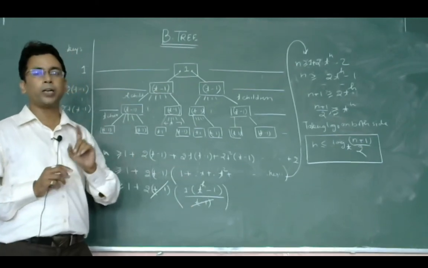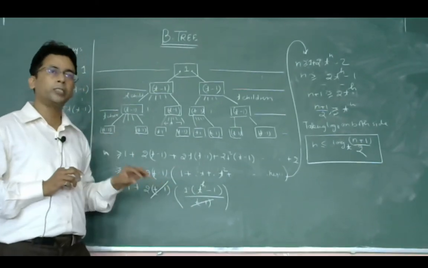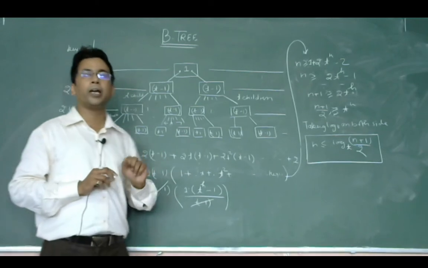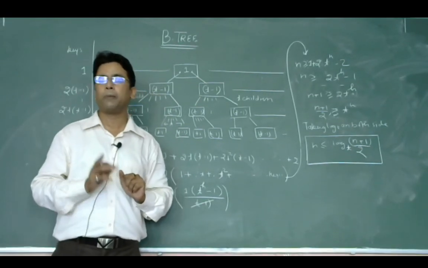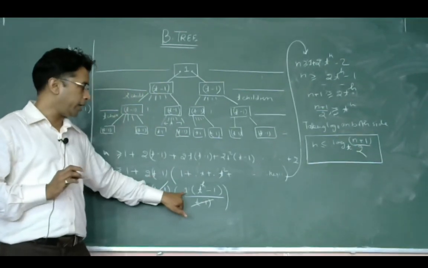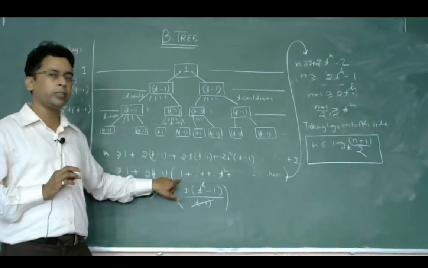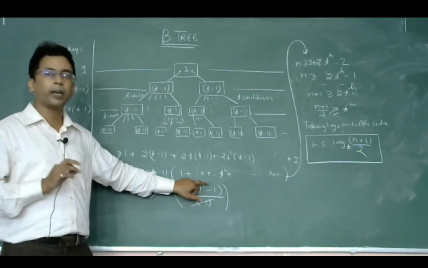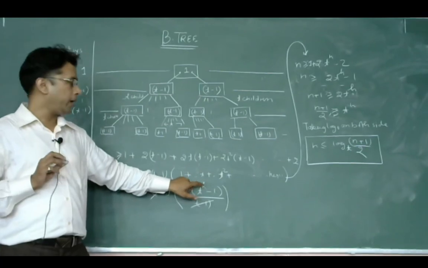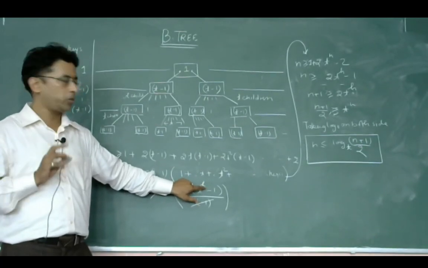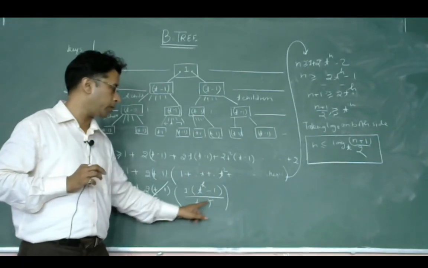So there are total h terms. By the GP series, the sum is equal to a into r raised to the power n minus 1 upon r minus 1. Here a is equal to 1, r is equal to t, and the number of terms is equal to h. So t raised to the power h minus 1 upon t minus 1.